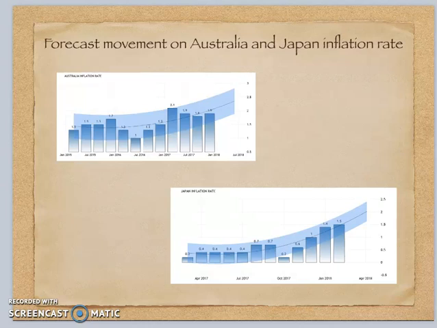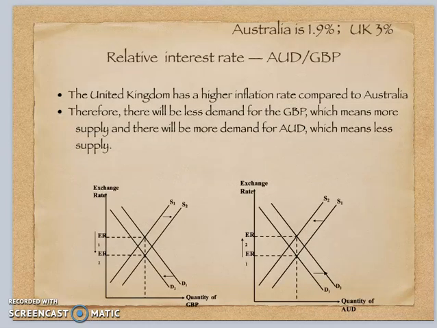For the relative inflation rate about Australian dollars to British pound, the United Kingdom has a higher inflation rate compared to Australia. Therefore, there will be less demand for British pound, which means more supply, and there will be more demand for Australian dollars, which means less supply.